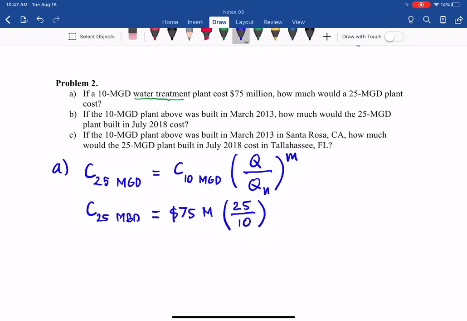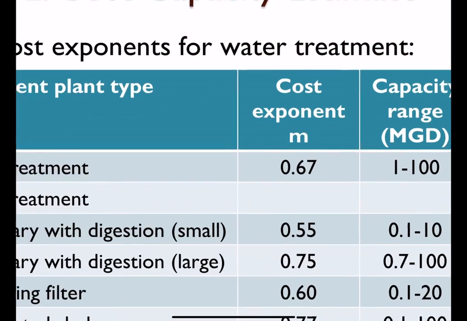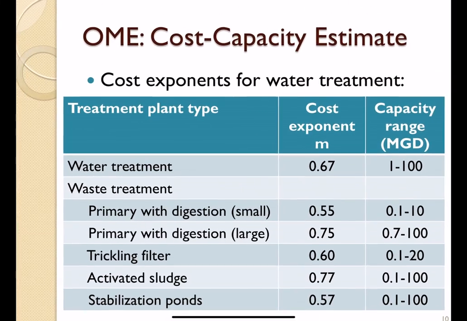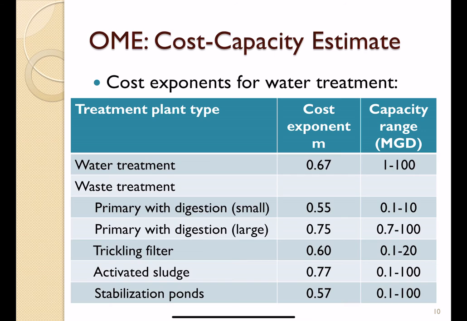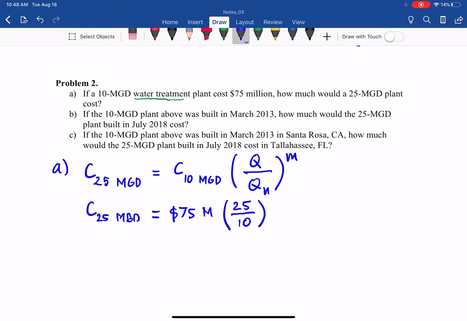The keyword is water treatment, so go to the reference for water treatment cost exponent: 0.67, with a range of 1 to 100 million gallon per day. Our reference project is 10 million gallon per day and the new water treatment plant is 25 million gallon per day. It's in that range, so the exponent is 0.67, and that is in slide 10.